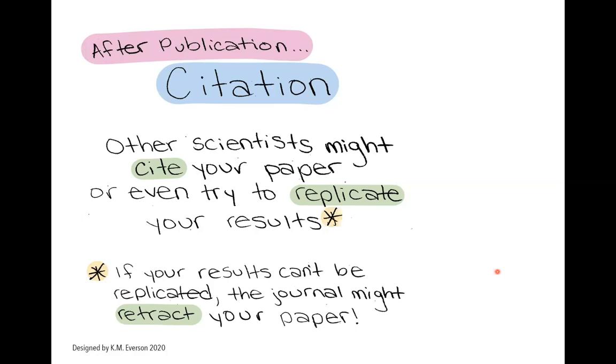In fact, Dr. Anthony Fauci is one of the top cited researchers of all time because he happened to study HIV, and there's just lots of publications on that. So citations are also a way to gauge your scientific prowess and the overall importance of your paper by the number of citations it gets.